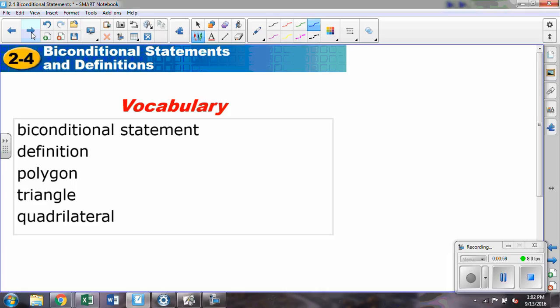Recognizing those, the only vocabulary you will of course need to learn is biconditionals, and the rest of these are pieces that are frankly polygons, triangles, quadrilaterals, the things that you've seen before, so it's a little bit of a review.